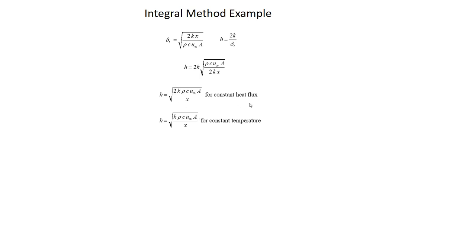So the constant heat flux condition gives me a heat transfer coefficient that's like 40% higher than I would have gotten for a constant temperature condition. And again, I think it's hopefully pretty obvious what the power of this is in terms of being able to deal with more arbitrary boundary conditions, more arbitrary things in your problem.